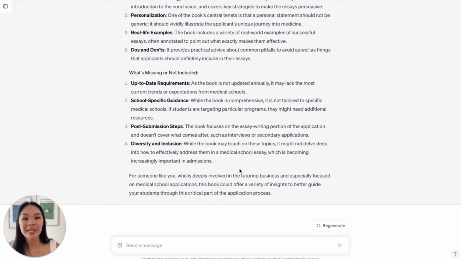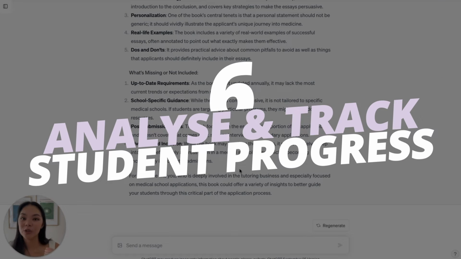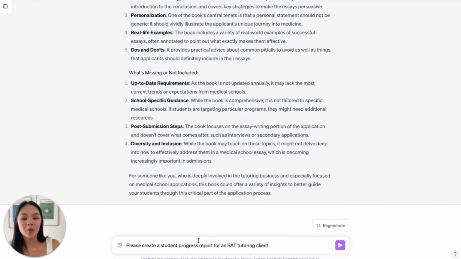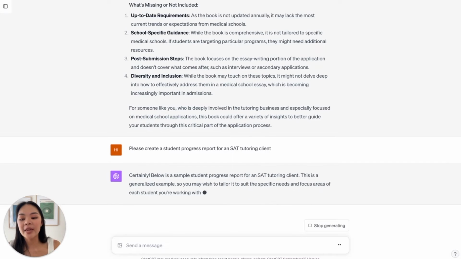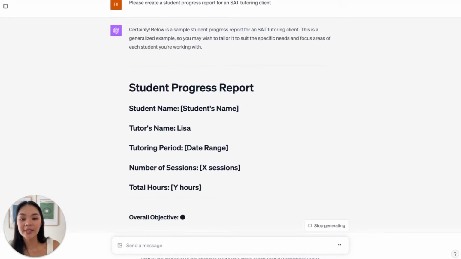Another amazing way to use ChatGPT as a tutor is to analyze and keep track of your students' progress. If I use the prompt, please create a student progress report for an SAT tutoring client, what this does is it can help me in tracking and analyzing student progress over time.